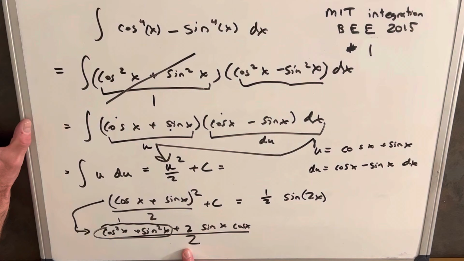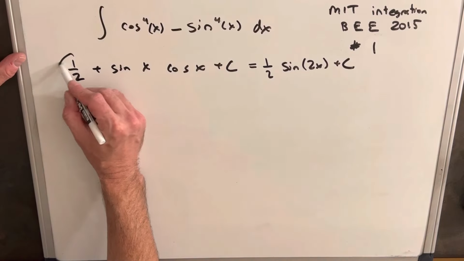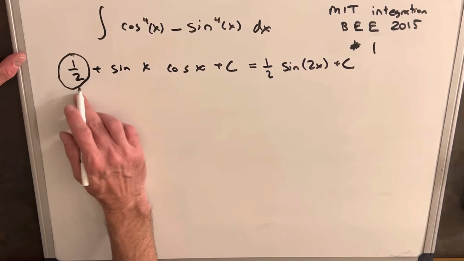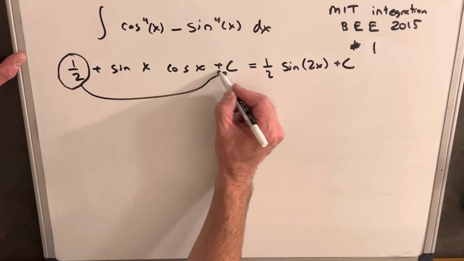So let's rewrite this and distribute our 2. We're going to have 1/2, with 1 over 2 here, plus we'll cancel our 2's, and we'll have sine x cosine x. Now I think we're in a position to finish this off. This half is just a constant value, so any constant can be absorbed in this constant c.